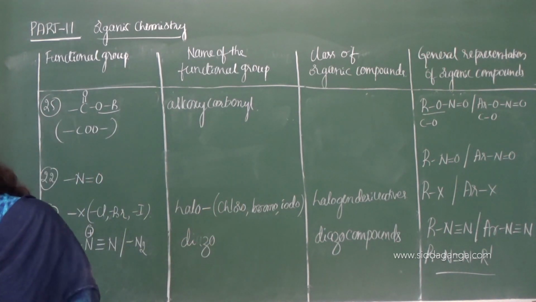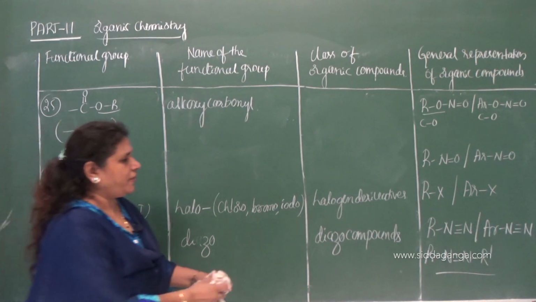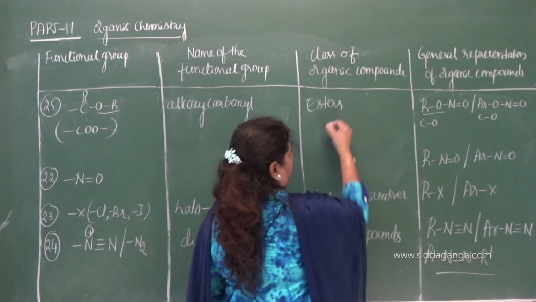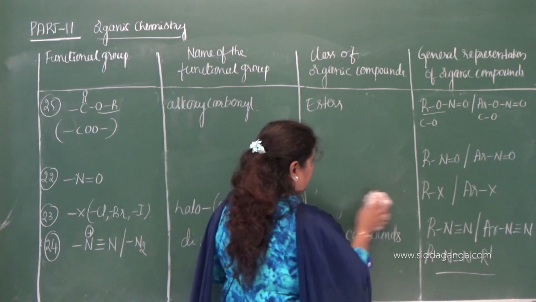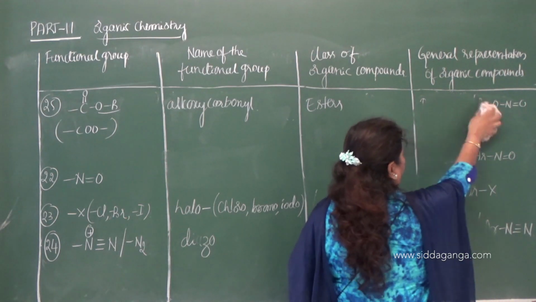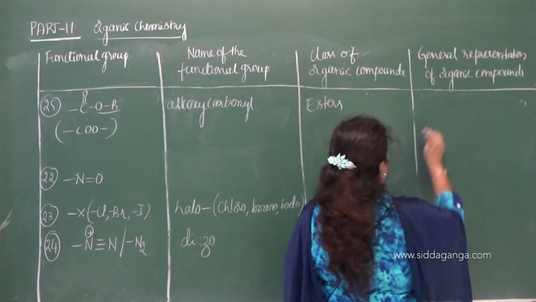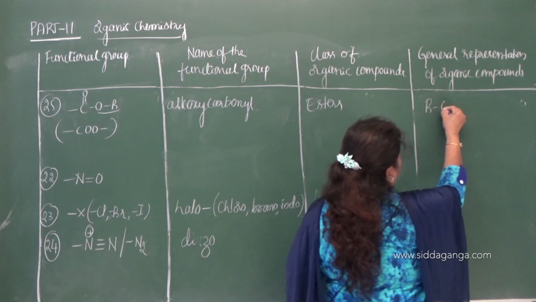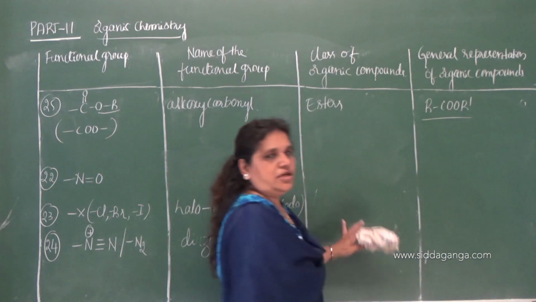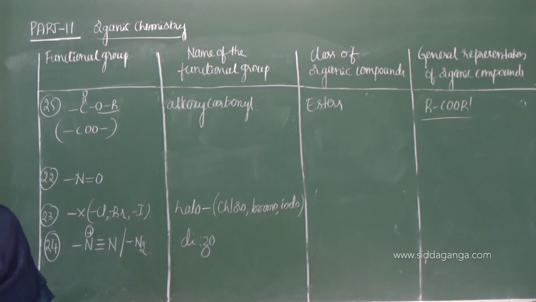If the alkoxycarbonyl group is present, then that class of compounds is called esters. I think I have not given esters yet. How to represent esters? They are represented as RCOOR dash. RCOOR dash is the general representation of esters.